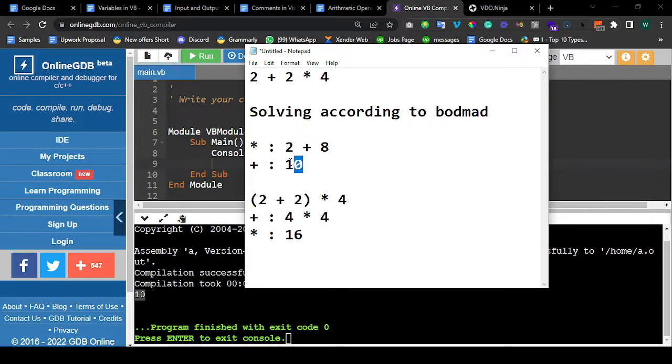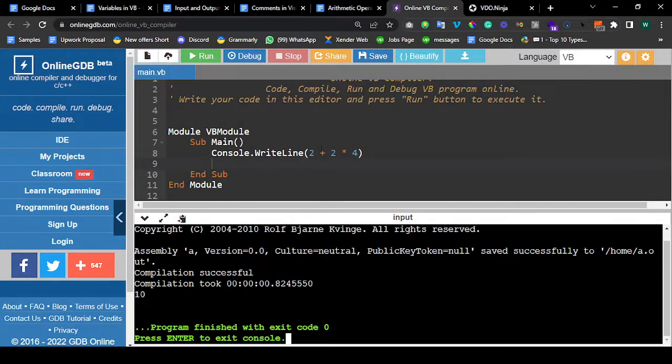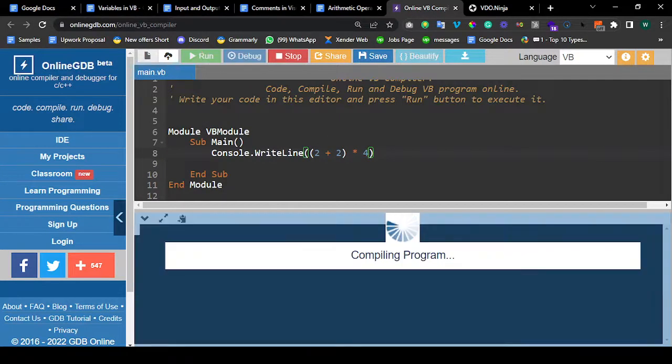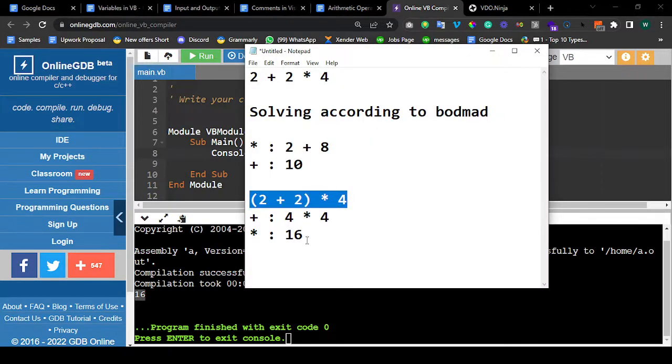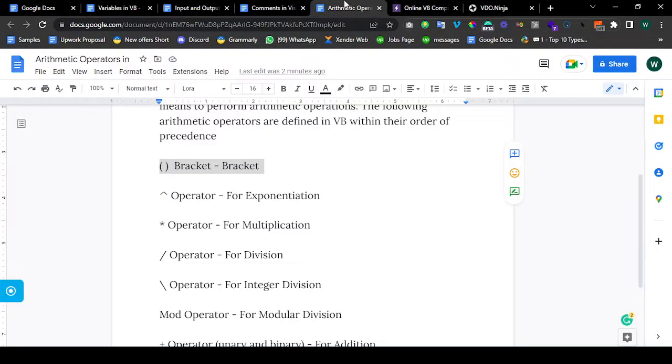But if I give it this one instead, you see, I have 16 over here. So the parenthesis is giving some sort of preference to this plus operator to be executed first before this one. So just get it basically. That is what this bracket is used for.